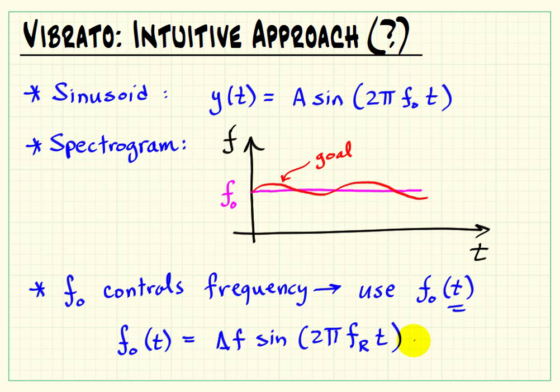The sine itself is centered about 0, so I need to lift that up to the position f0 by adding a constant. I have a lot of f0s going on right now, so to avoid confusion, let me call this just a generic time-varying frequency f of t.